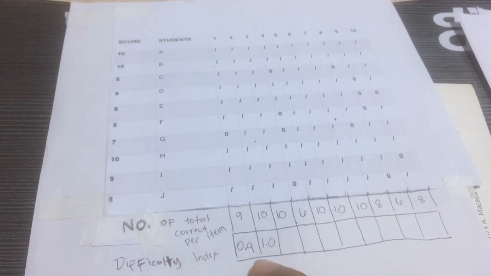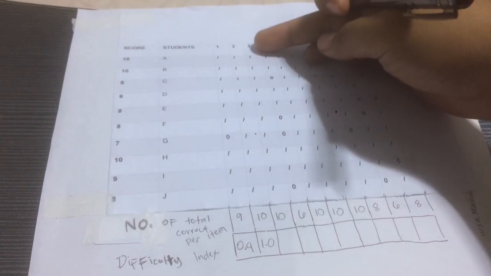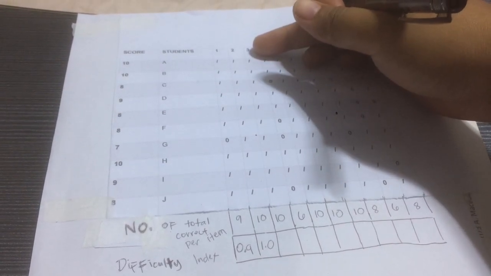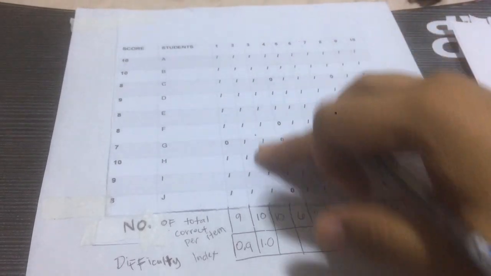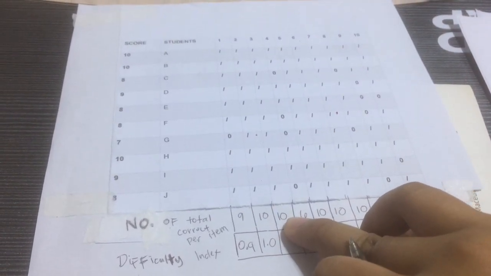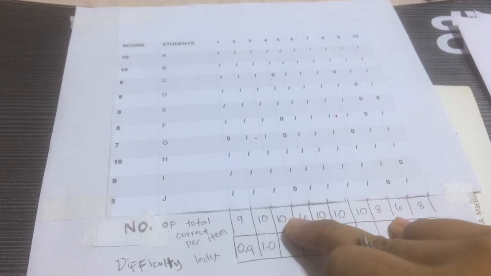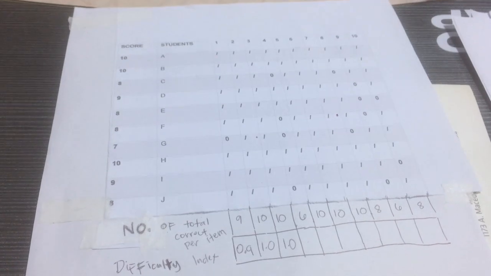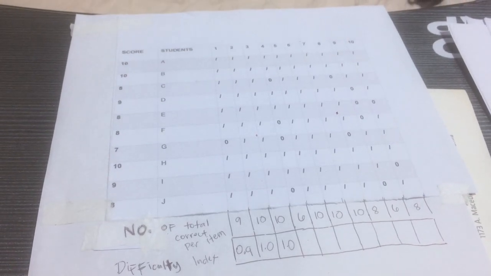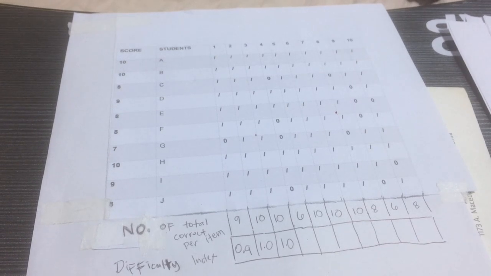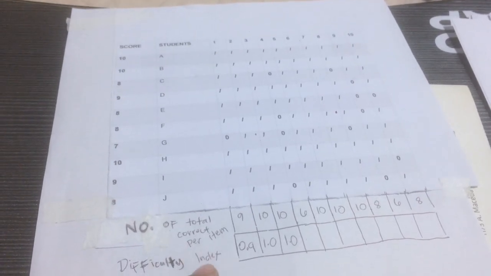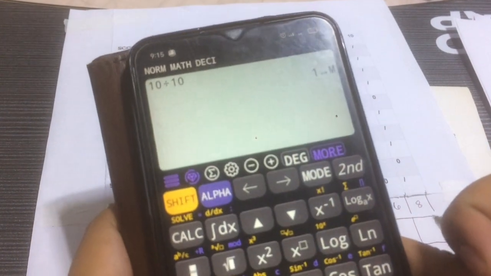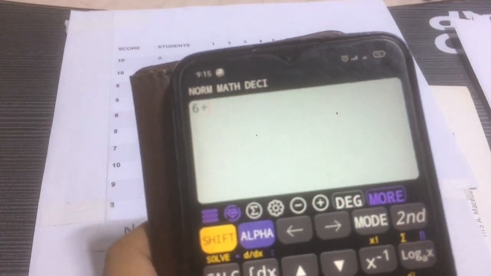Can you follow? Another one is number 3. Also the number of total correct is 10. So same as item number 2, 1.0. We can have another example for you to understand more. Again, the total number per item, we have 6 divided by 10.